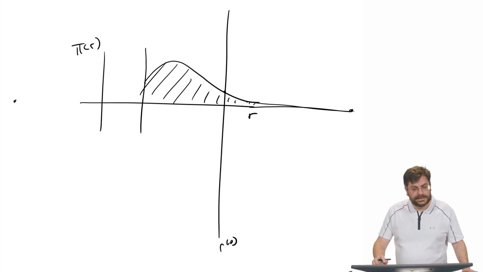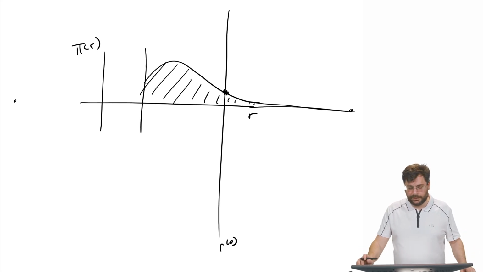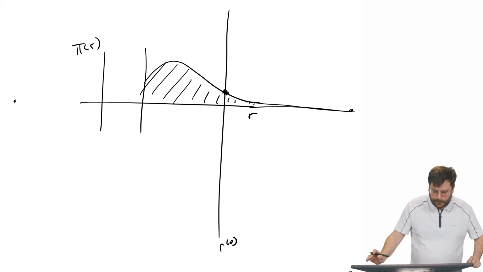Then I will be accepting practically every move, probably 50 odd percent of them. So maybe my next move will be right over here, and then right here, and then right there, and so on and so forth. But the problem is that I'll never get to explore this distribution.